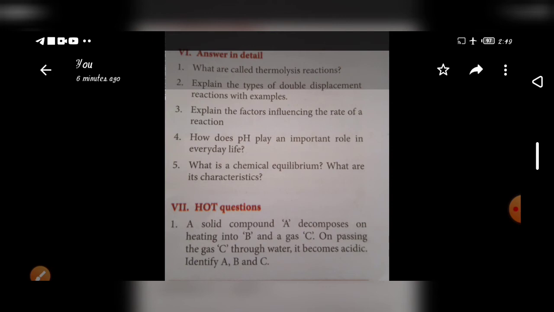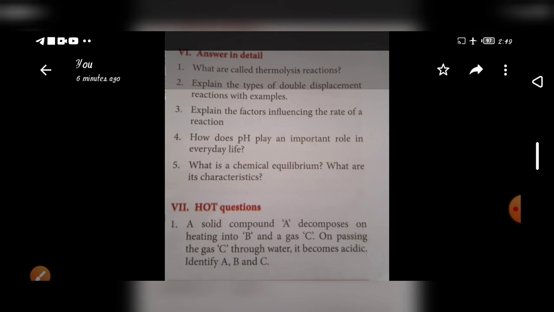Rate of forward reaction is equal to rate of backward reaction. That is what chemical equilibrium is. Next, page number 147, B side, characteristics of equilibrium are given. Those 4 points you write down for the second part. Fifth question, first part 146, second part 147.